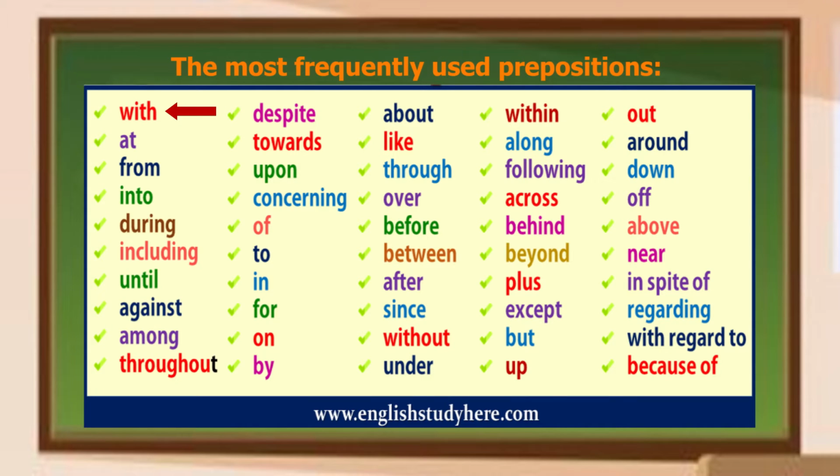We have the prepositions with, at, from, into, during, including, until, against, among, throughout, despite, towards, upon, concerning, of, to, in, for, on, by, about, like, through, over, before, between, after, since, without, under, within, along, following, across, behind, beyond, plus, except, but, up, out, around, down, off, above, near, in spite of, regarding, with regard to, because of.